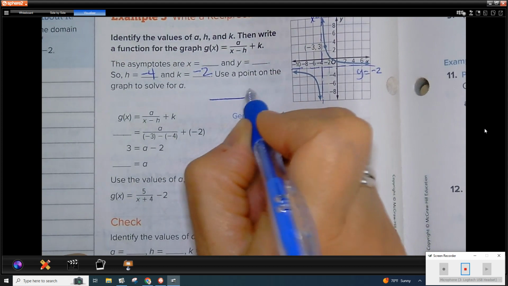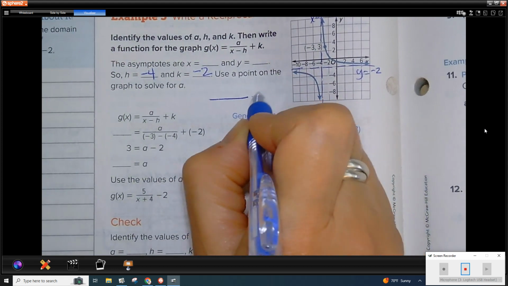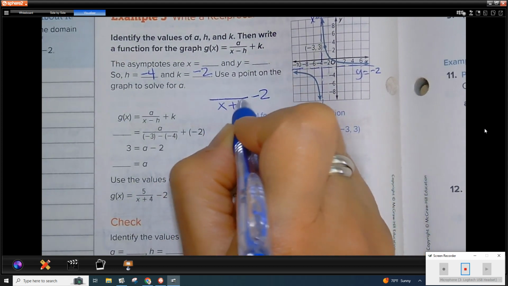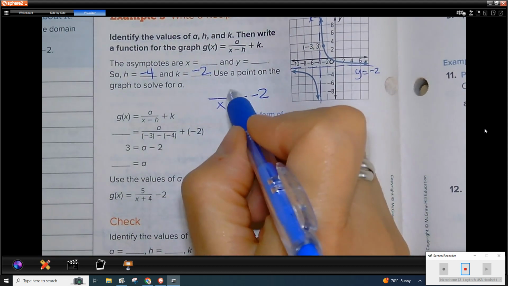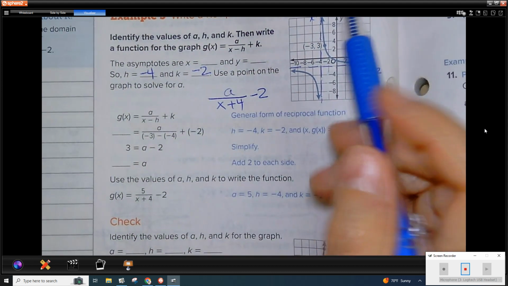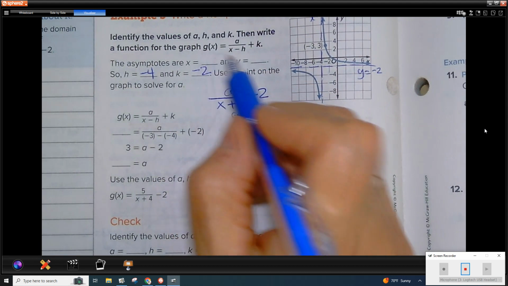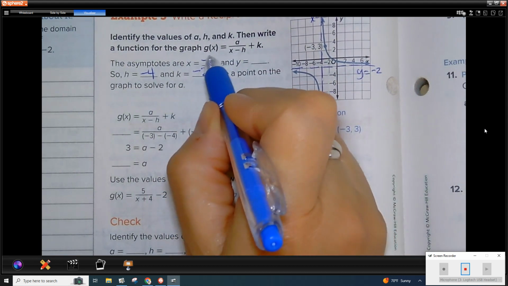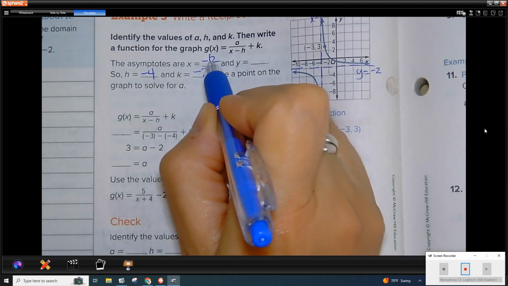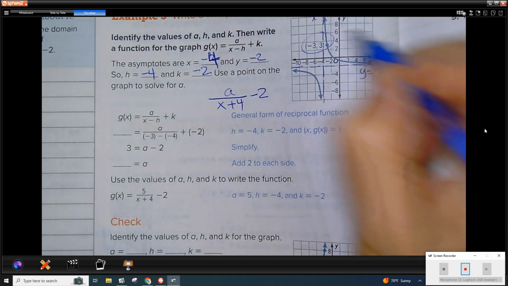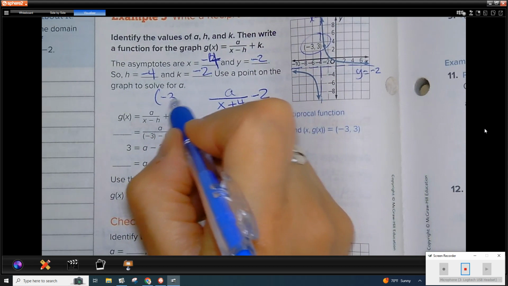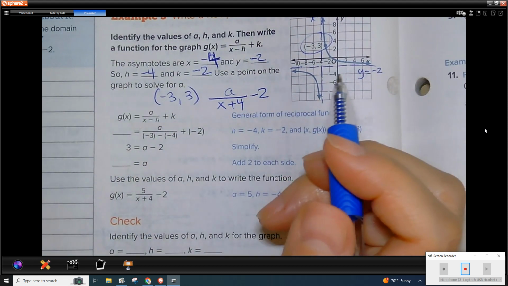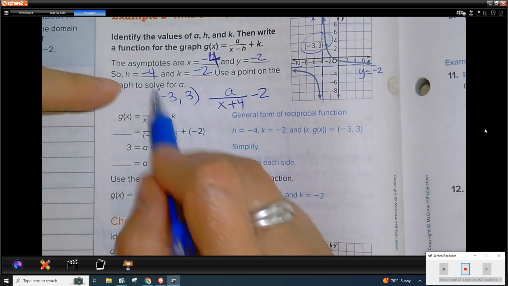So we don't know our a. We have a negative 2. We have an x plus 4. Now we need to find our a. H is negative 4 and k is negative 2. They gave us this point: x is negative 3 and y is 3. So we're going to plug these values in for what we know.